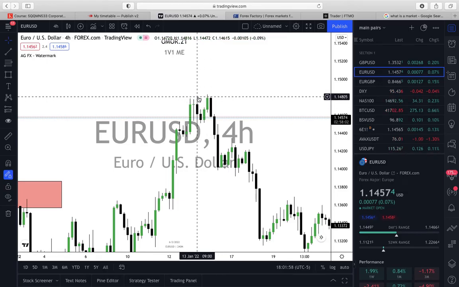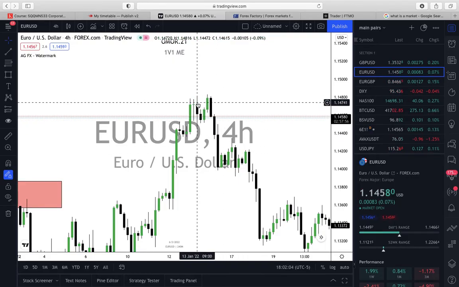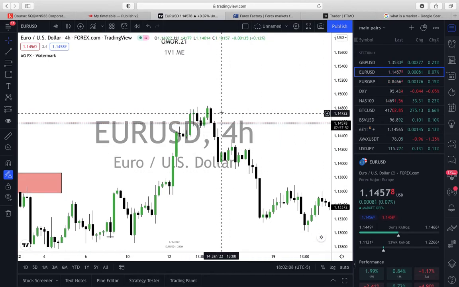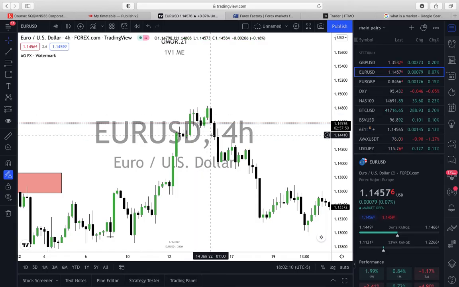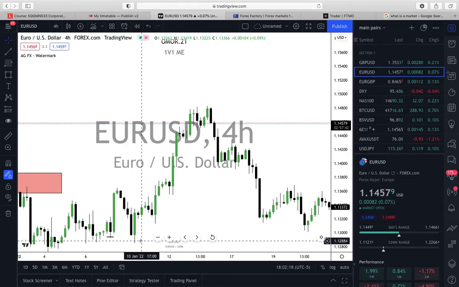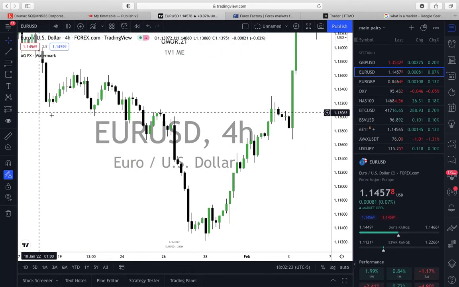Those people were entered long. The sellers then sold to all these willing buyers, all the way to a sell side target. This low, this low. Look, it got traded all the way through.